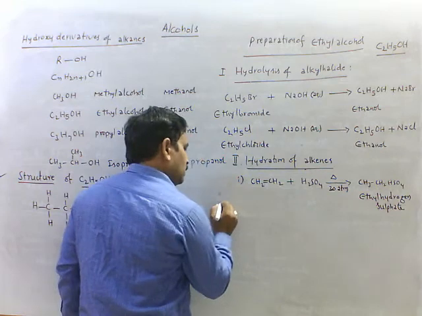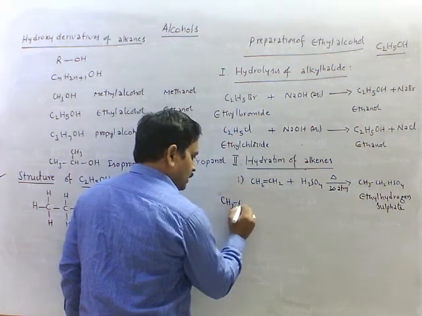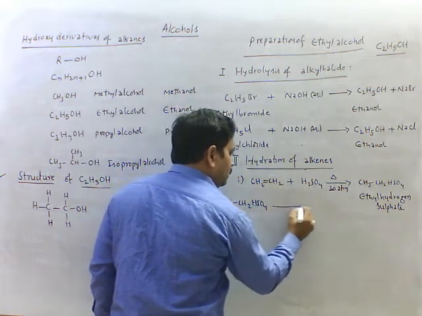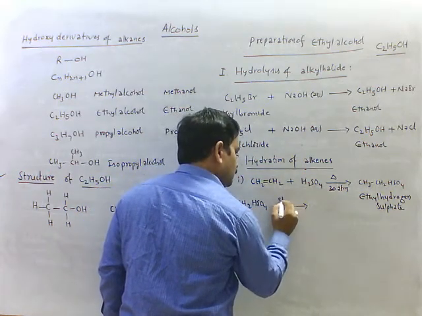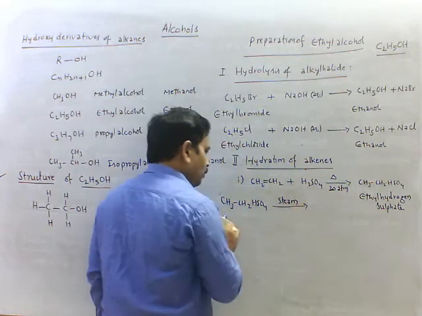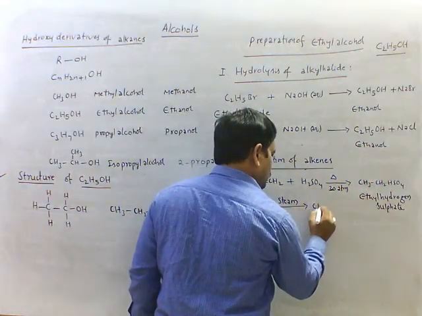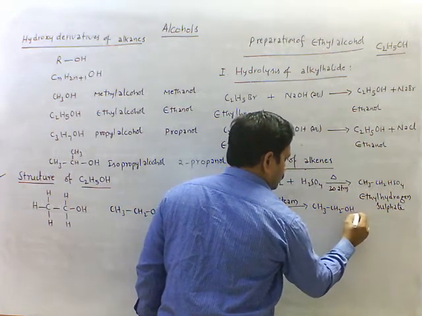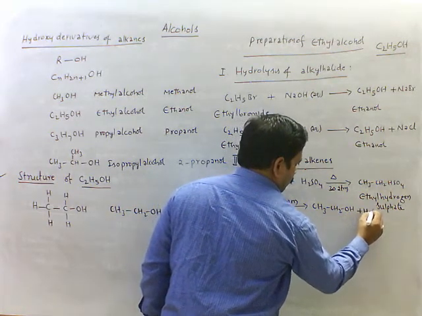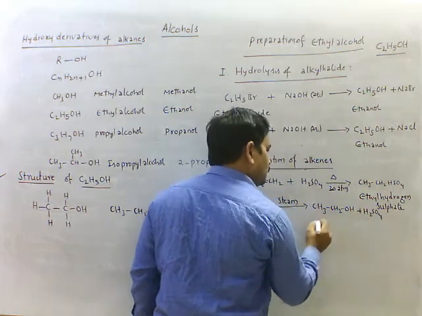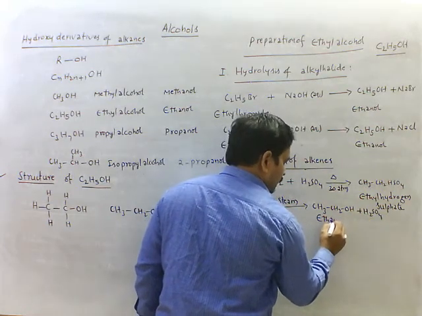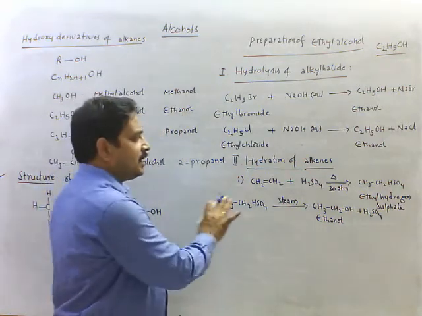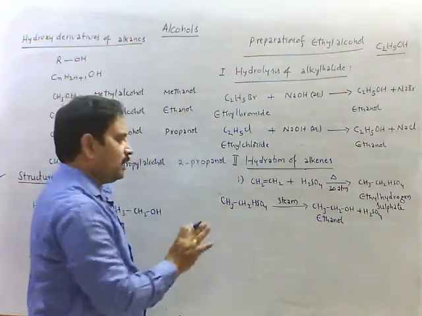See, CH3CH2HSO4 is treated with steam. We get CH3CH2OH and H2SO4. This is called ethanol or ethyl alcohol. This is a hydration reaction, addition of water.